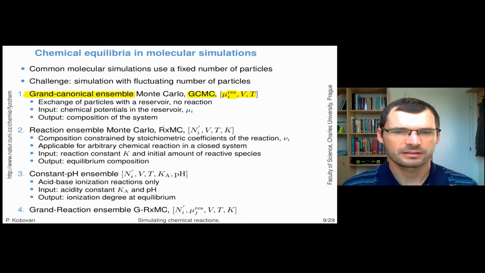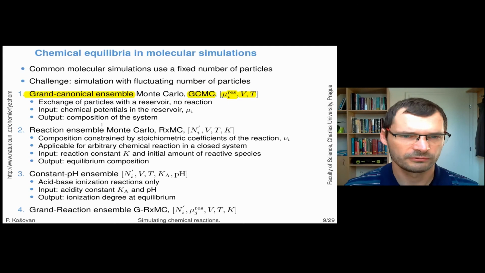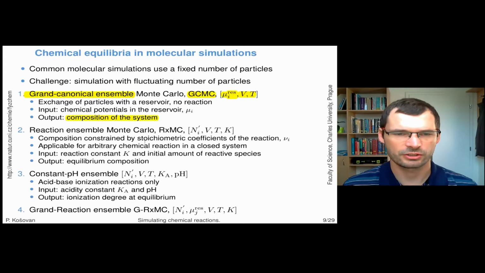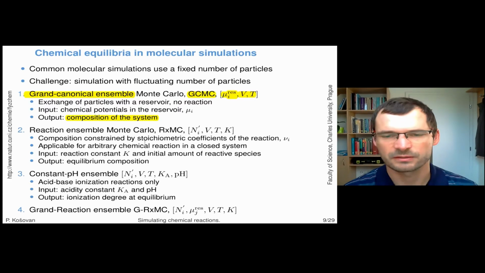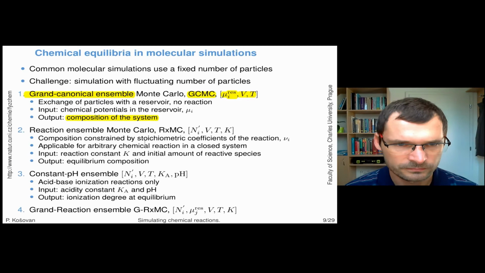From these chemical potentials in the reservoir, we obtain as a result the equilibrium composition of the system, that is the amount of these particles in the system with interactions.